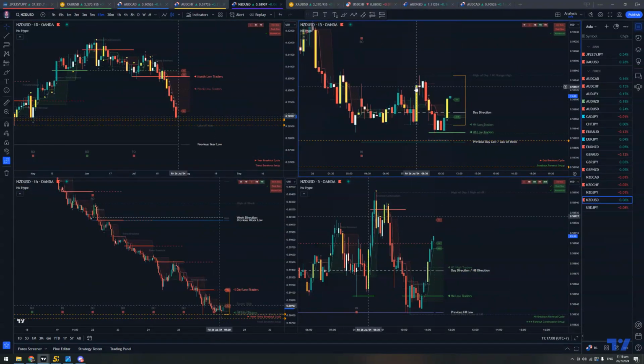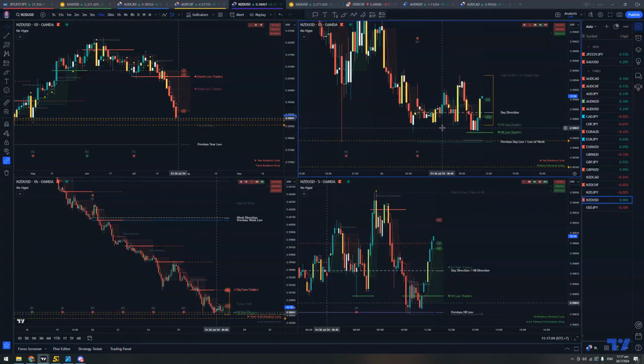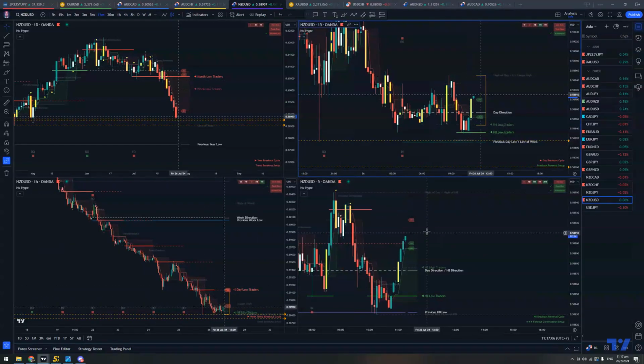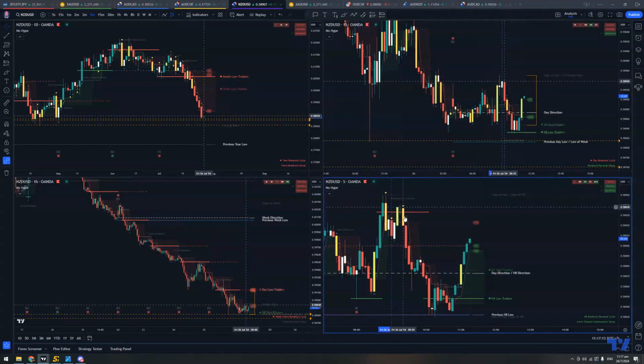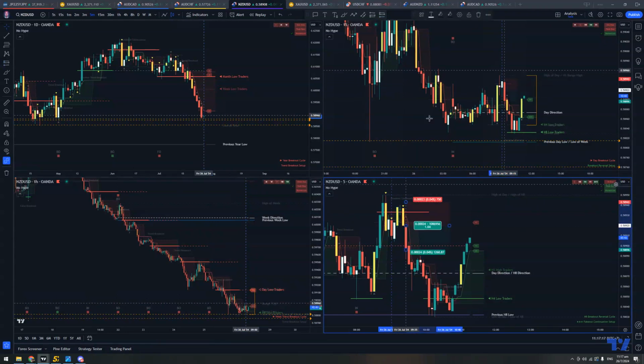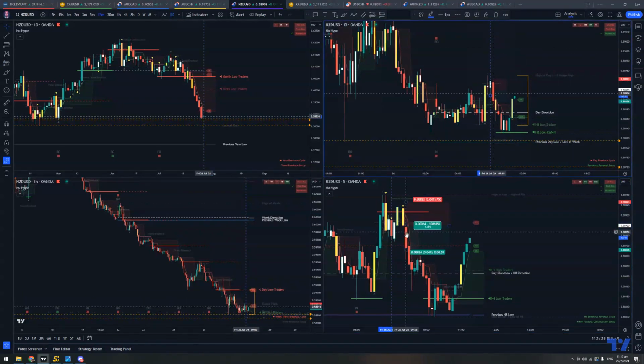So NZD USD gave an H4 high fake out, trend retracement setup. There's a fake out on the M15 right here. I entered on the pullback and break back down. Once the M15 closed, I was waiting.